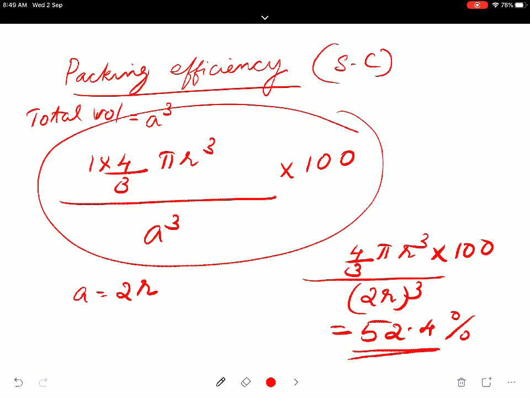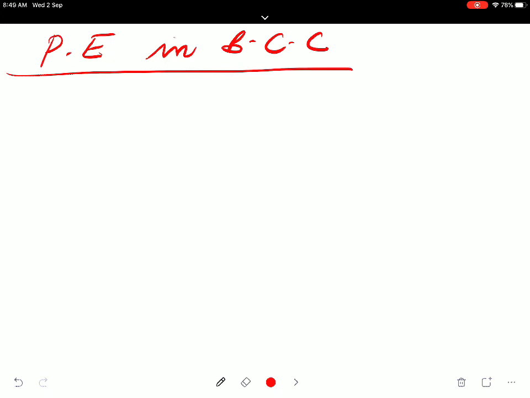Now what about the packing efficiency in BCC? In BCC, what is the number of spheres, atoms, ions or balls present?